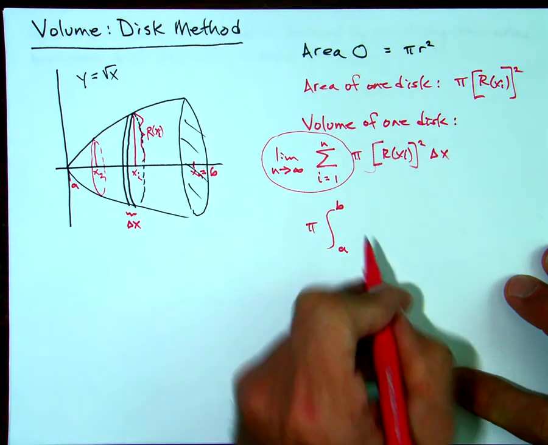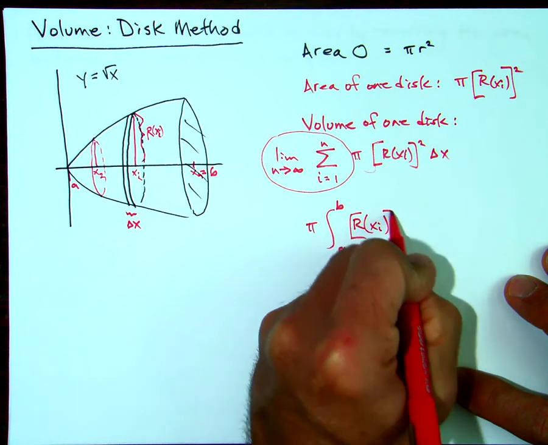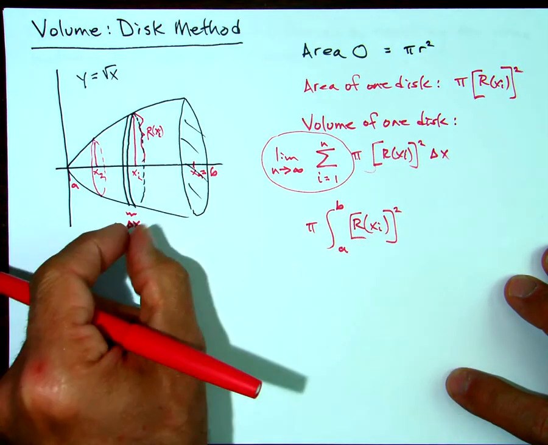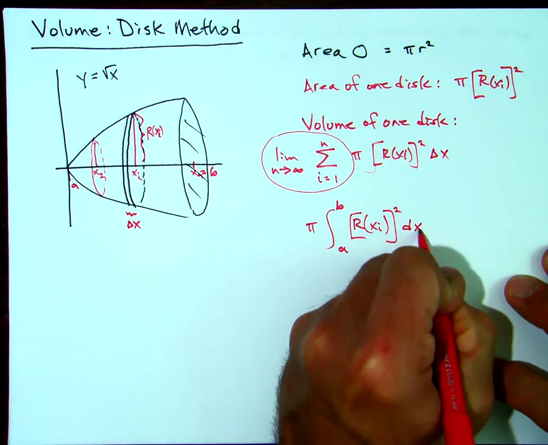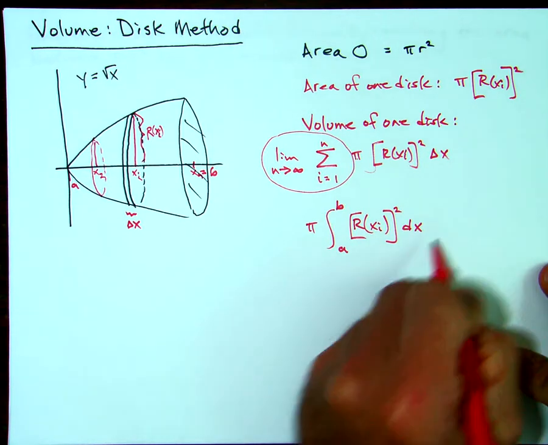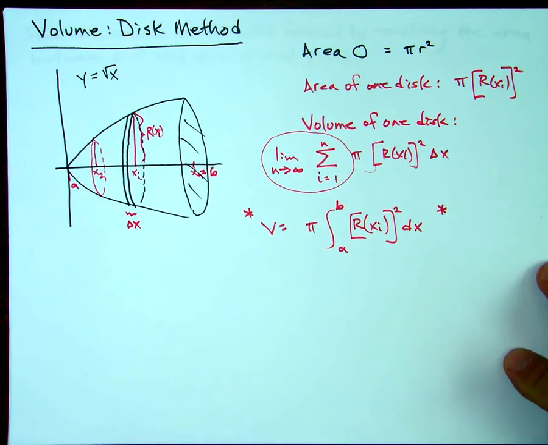And then I've got r of x sub i squared, and as the number of these disks goes to infinity, the thickness gets infinitely small, and we call that dx. It goes from delta x to dx. So this is our formula for volume. That's what we get out of this.